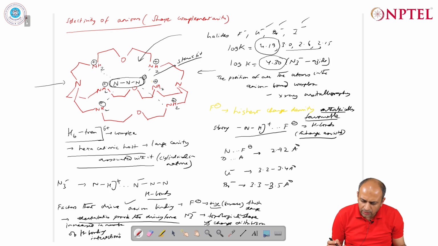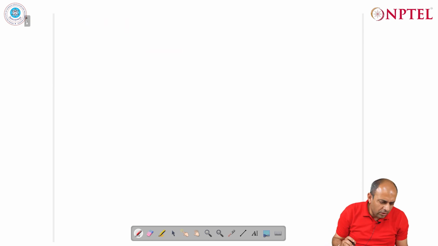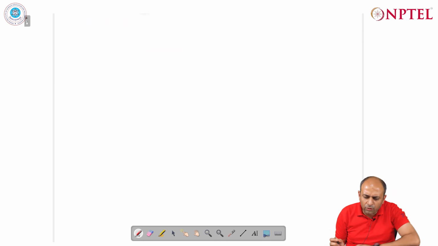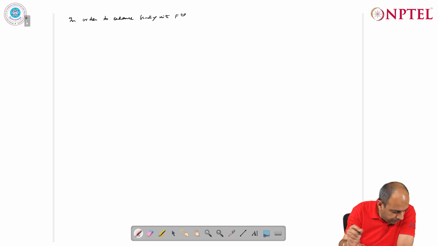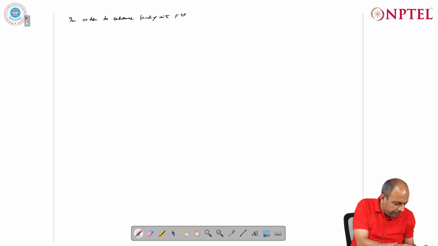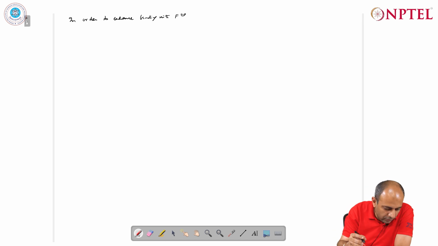Now, what was also done is that in order to enhance binding with fluoride, a slightly modified host was taken.